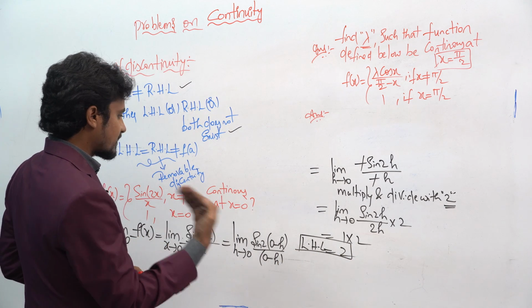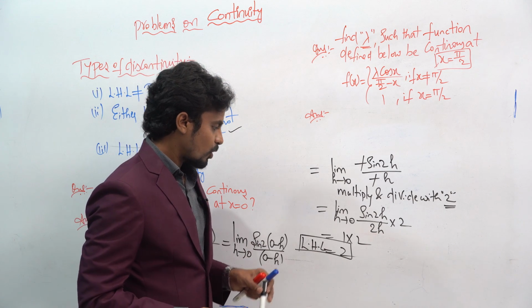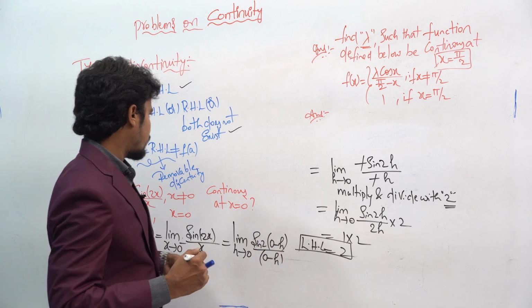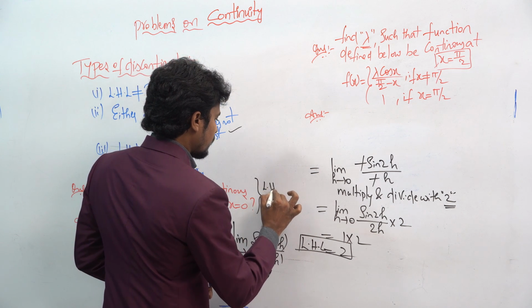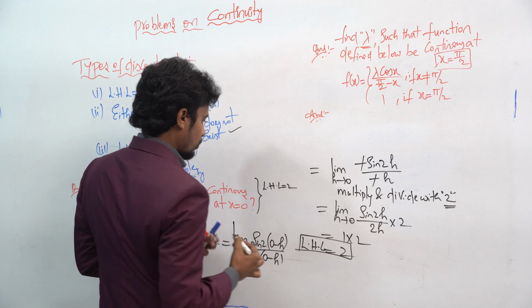Our next target is to find the right hand limit. The left hand limit is equal to 2.